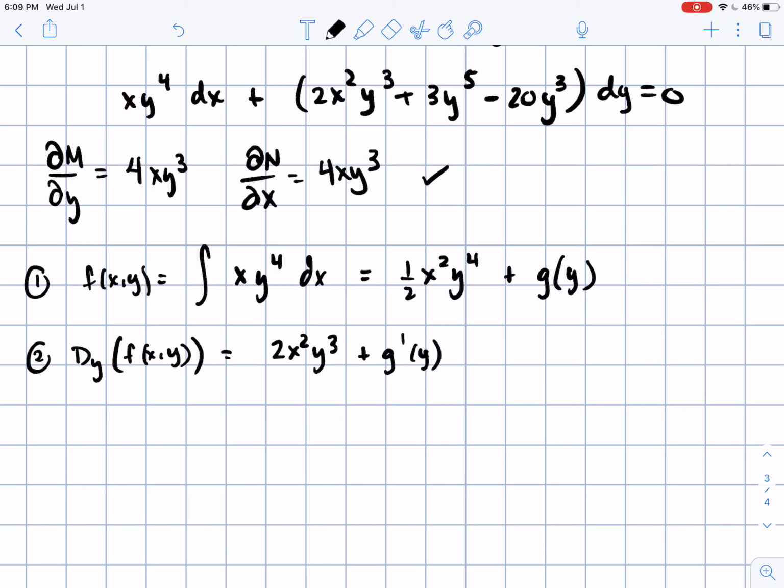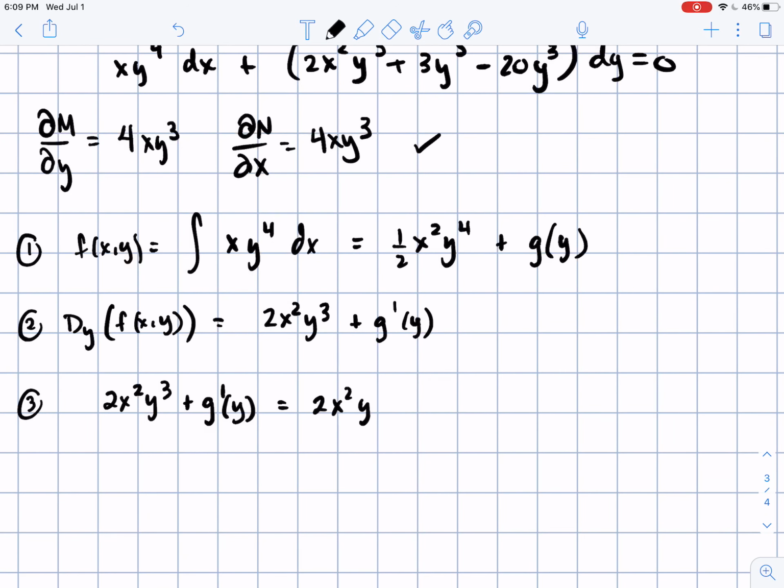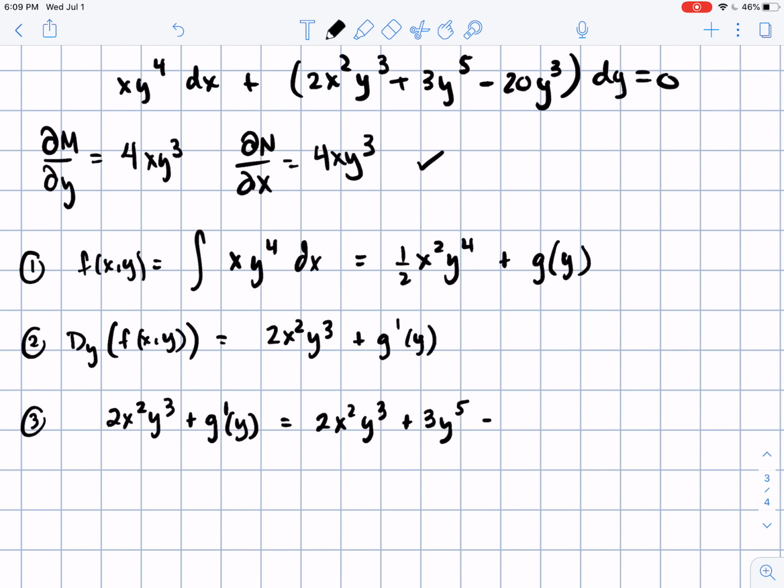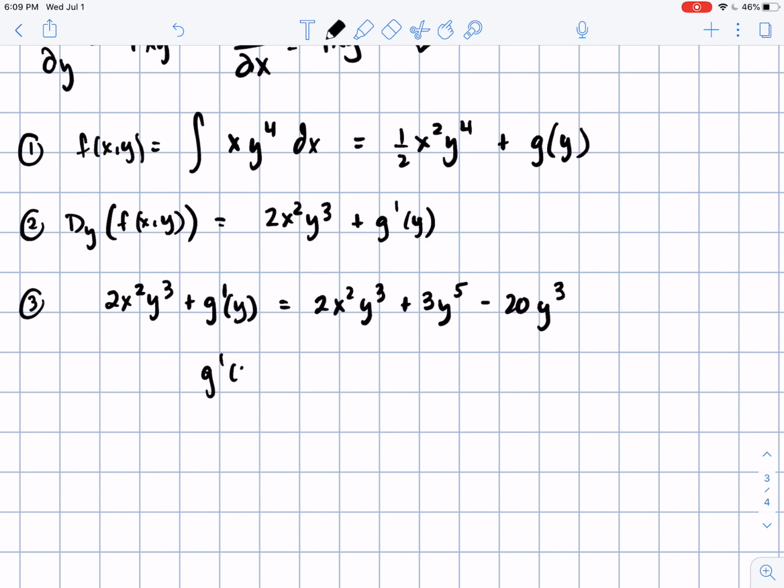Okay, we are going to set that equal to the part we didn't use yet, so the second term. So I got 2x squared y cubed plus 3y to the 5th minus 20y cubed, and solve for g prime of y, which is going to be 3y to the 5th minus 20y cubed.